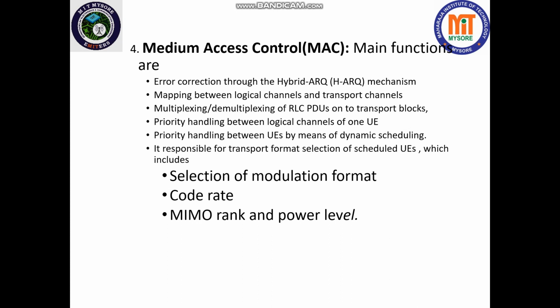It is responsible for transport format selection of scheduled user equipments, which includes selection of modulation format, code rate, multiple input multiple output rank, and power level. These are the functionalities of the MAC layer.